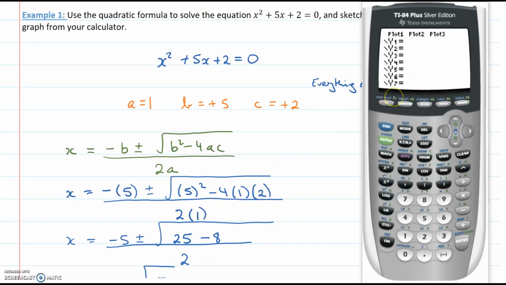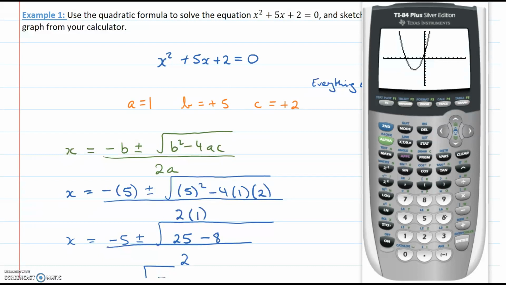So let's go in here: x squared plus 5x plus 2, and we had that equal to 0. On the other line, put in y2 equals 0. Now let's graph each of those, and we'll do zoom 6 to graph them, and we get the parabola that we're used to getting.